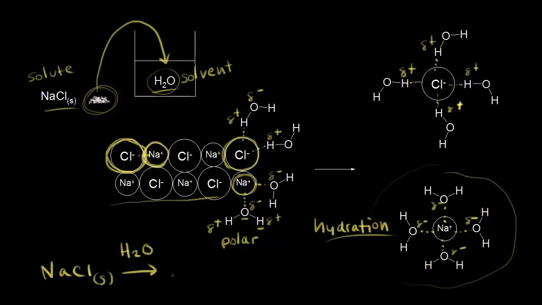So now we have sodium ions in solution. So we write an AQ here for aqueous sodium ions. And we have chloride anions also in solution. So we write an AQ here. So we have an aqueous solution of sodium chloride. The sodium chloride has dissolved in water.